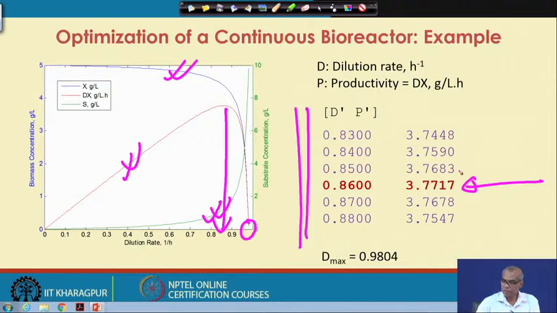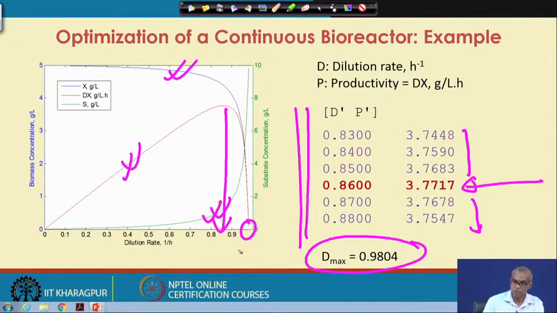Note that productivity goes on increasing, reaches the maximum, and again decreases. You can use the equation for D max, and the D max takes place at 0.9804. So, this is 0.9804 and the optimal dilution rate is 0.86. So, not very far from the washout condition.